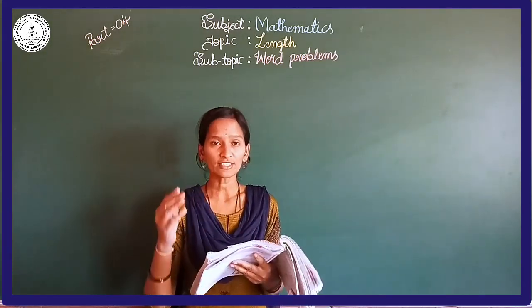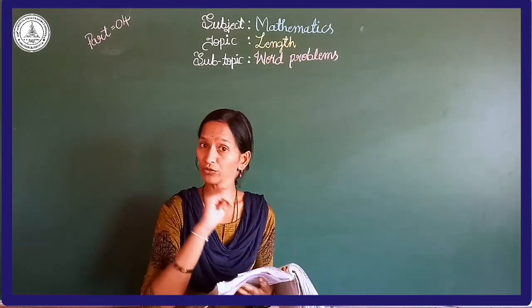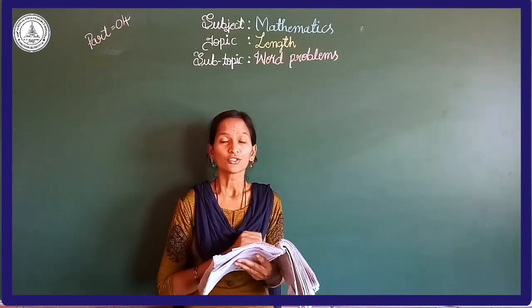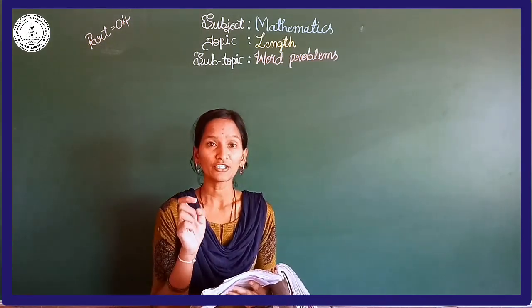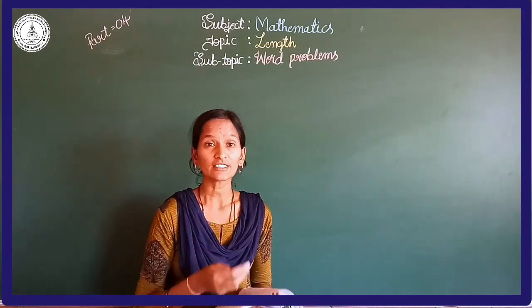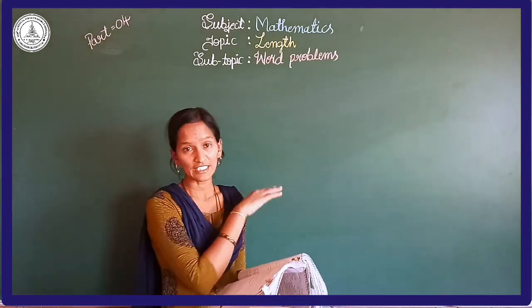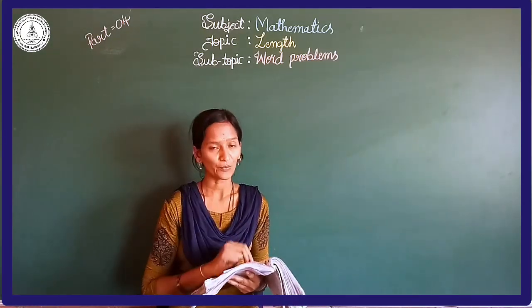After that Rohan extended the same line by 24 centimeters, right? So students, here you have to add these two numbers, then you get the total length of the line, right? This is the same problem as the last one, so you have to solve this problem at home.